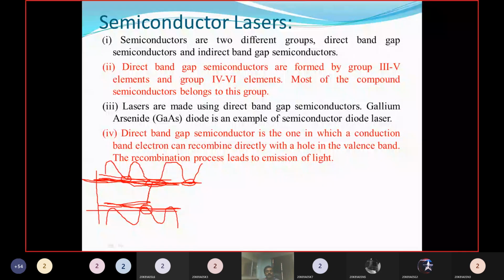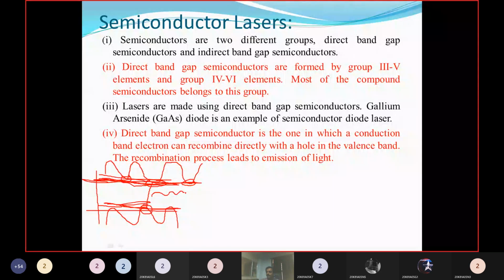In this transition, light will be emitted without any loss of energy. That condition is the direct band gap condition. In this situation, the photon will be emitted without loss of energy. So this is a direct band gap semiconductor.